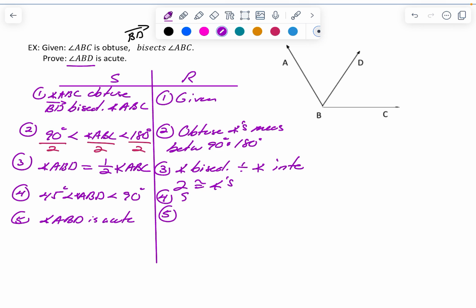That would be substitution, because we substituted the half ABC is the same as ABD. And so acute angles measure between 0 and 90 degrees. And we're done.